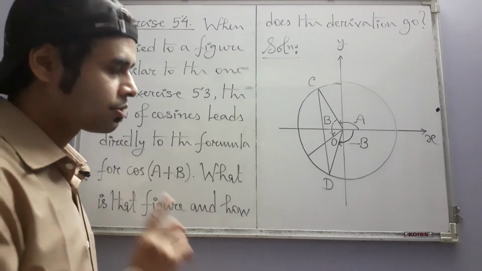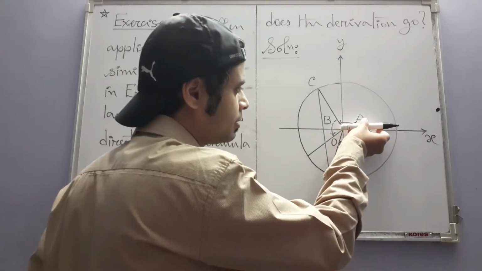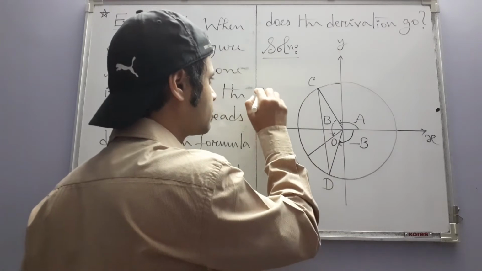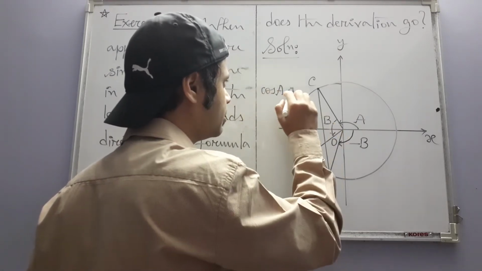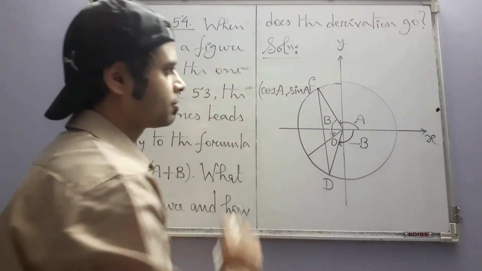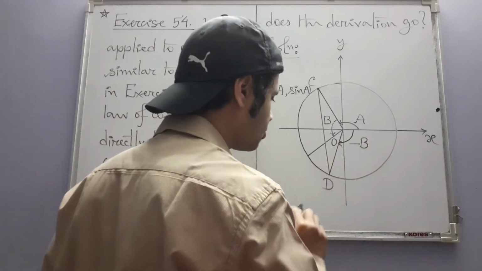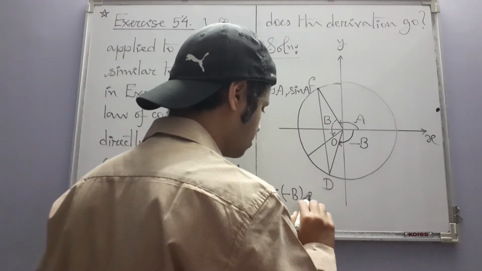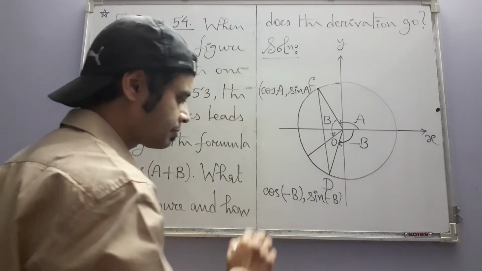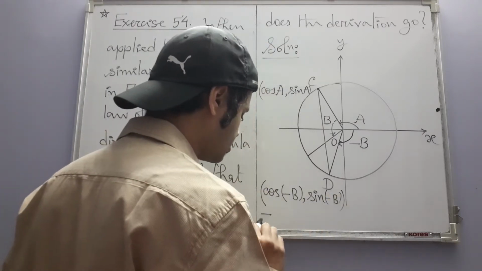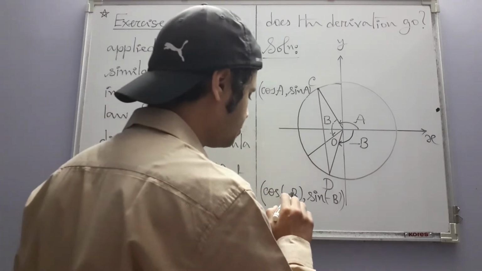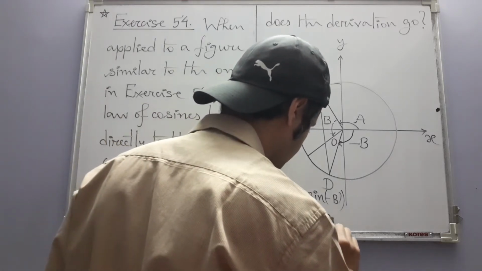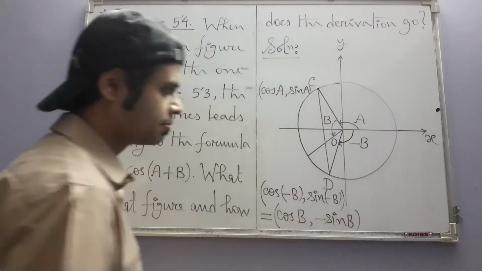But before we do that, you just note one thing. Because our angle A starts here and its terminal ray is this, so this point has the coordinates (cos A, sin A) by the definition of cos A and sin A. Similarly, this point D has the coordinates, because this is minus B, (cos(minus B), sin(minus B)), which if we just use the elementary properties of cosine and sine functions, cos(minus B) is the same as cos B, and sin(minus B) is the same as minus sin B. With that, the point now becomes (cos B, minus sin B).